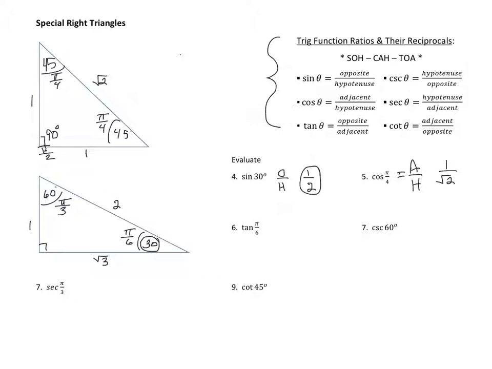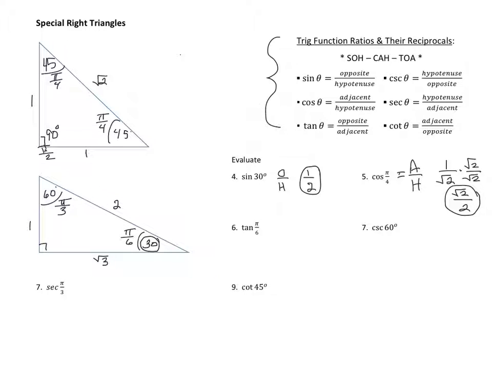Okay, so many times we can just write it this way, but a lot of times they may ask you to rationalize the denominator. If we do that, we need to multiply by the square root of 2 over square root of 2. Remember, our goal here is just to get rid of the radical sign in the denominator. So by doing this, we get square root of 2 on top and 2 on the bottom. So cosine of pi over 4 is square root of 2 over 2.